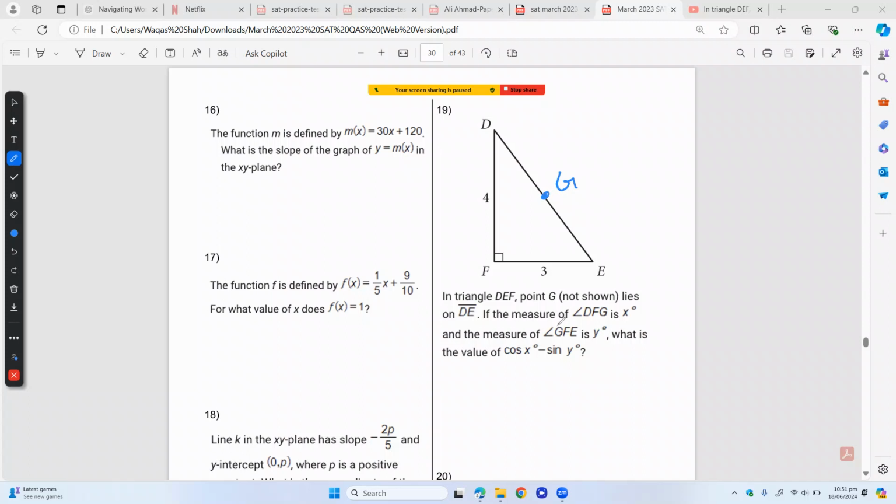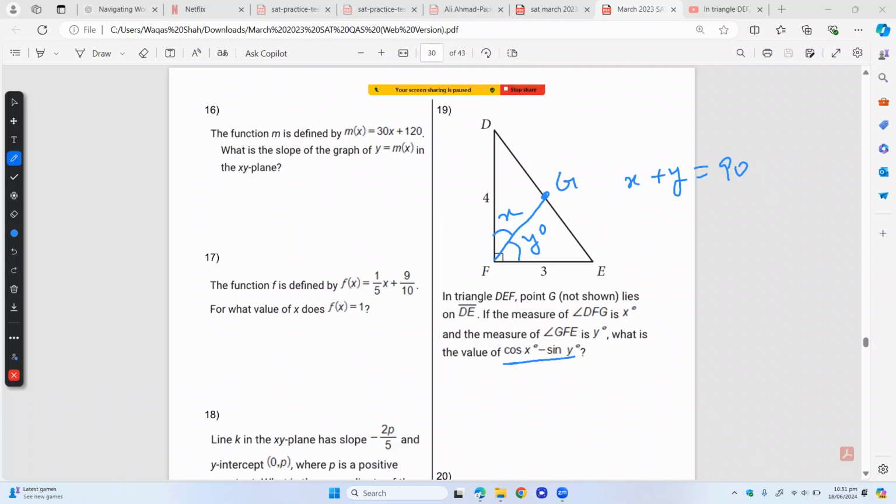And if we join this point with F, this angle DFG is x, so this is x, and the measure of GFE is y. So you can see that x plus y is equal to 90. And then we have to find the value of cos x minus sin y.